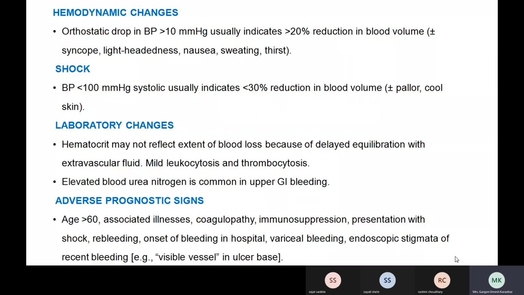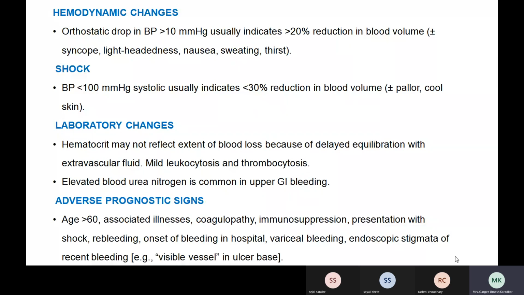There may or may not be syncope, lightheadedness, nausea, sweating, and thirst. Then the patient may move into shock, that is, systolic blood pressure less than 100 millimeters of mercury, which usually indicates less than 30% reduction in blood volume. The patient may or may not present with pallor and cool, clammy skin.